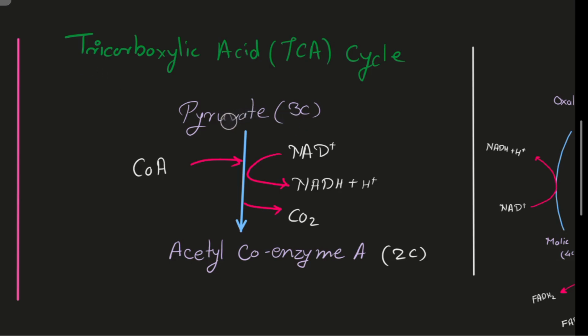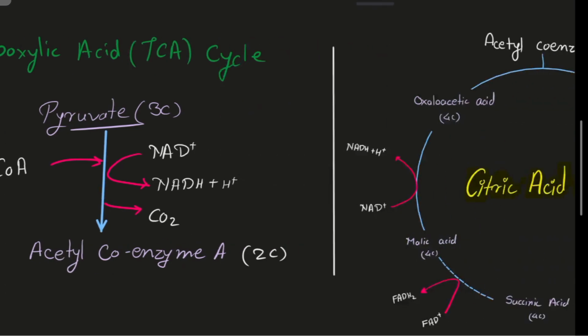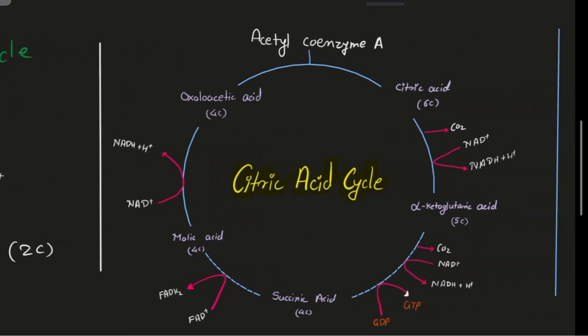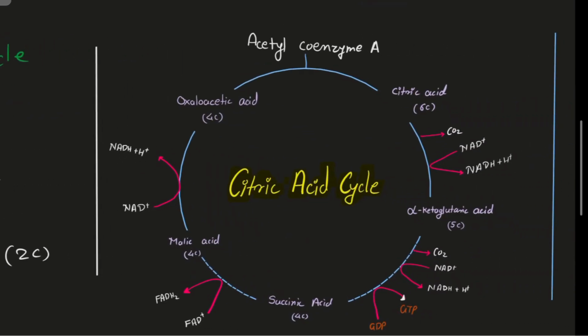Starting with pyruvic acid or pyruvate, which is converted into acetyl coenzyme A in the link reaction. This acetyl coenzyme A then enters the citric acid cycle, which is another name of the Krebs cycle.